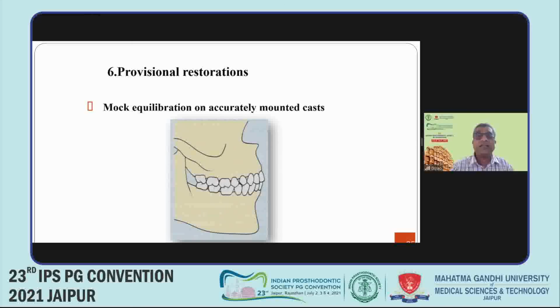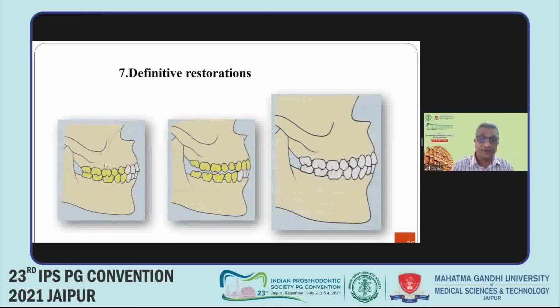Then once you feel that the established contacts are entirely proper, you cement the provisional restorations, then you make an impression so that it acts again as a guide to establish all the contacts in the definitive restorations. And then go ahead with the fabrication of the definitive restorations. You can do the posterior restorations, or first you establish the anterior guidance on the anterior restorations.